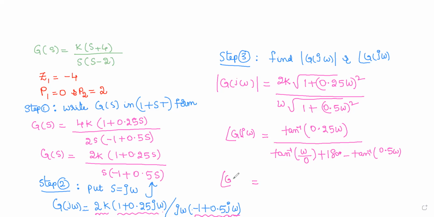So write down the simplified expression. So angle G(j omega) equal to tan inverse 0.25 omega. Here denominator portion, it gives minus 90 degrees minus 180 degrees minus tan inverse 0.5 omega.